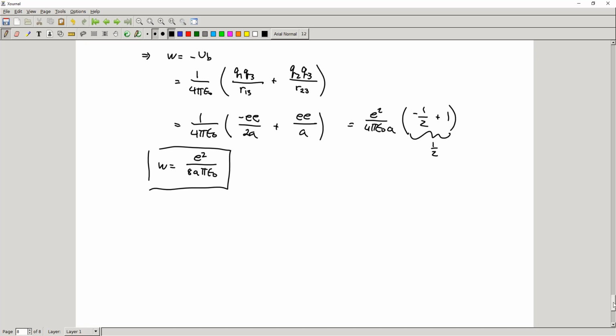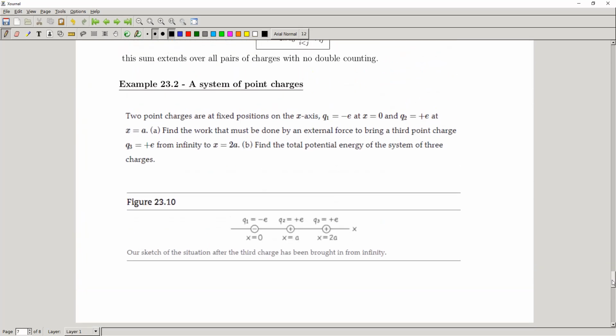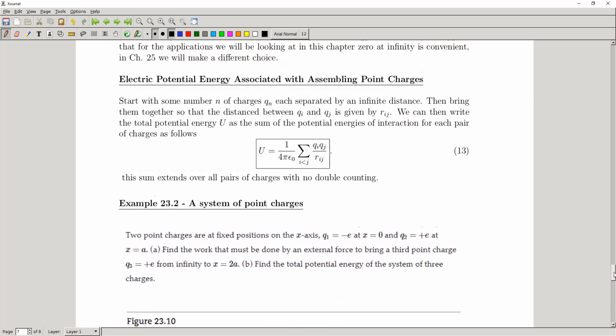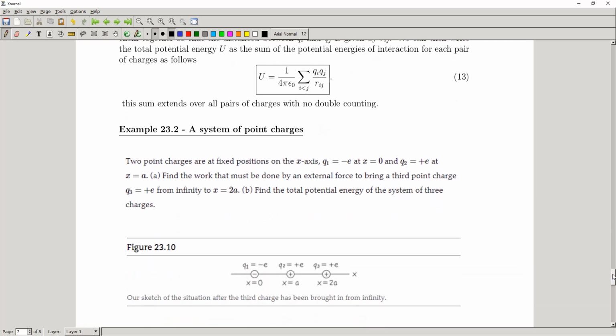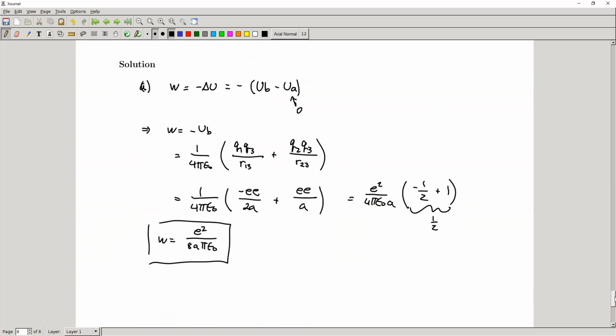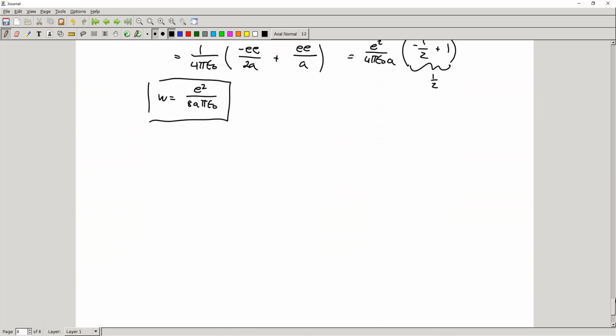Now in part B, we want to find the total potential energy of the system of 3 charges. So how do we find the total potential energy of the system of 3 charges? Well, we just talked about that in equation 13 here, right? We're just going to have to add up all the contributions from all the interactions of our 3 particles here, and that's going to give us our total potential energy, right?